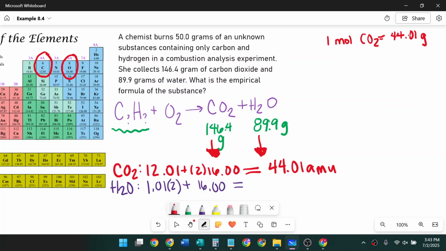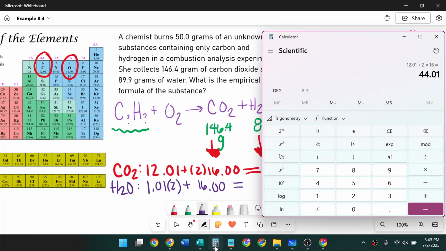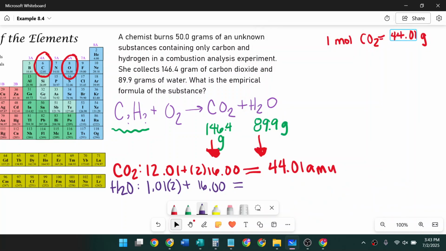Okay? Now let's do our water. I could probably do this one in my head, but I've already pulled up the calculator, so we'll type it in. Alright, so we have 18.02. And so that tells us that 1 mole of water is 18.02 grams.